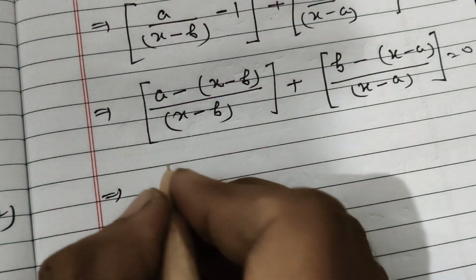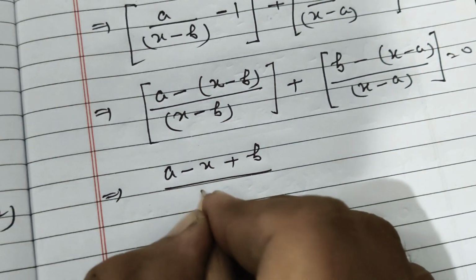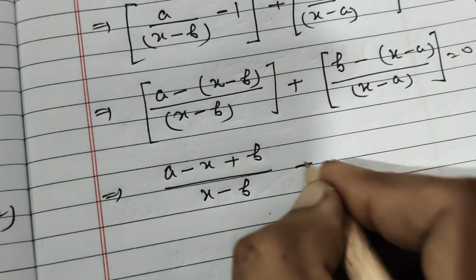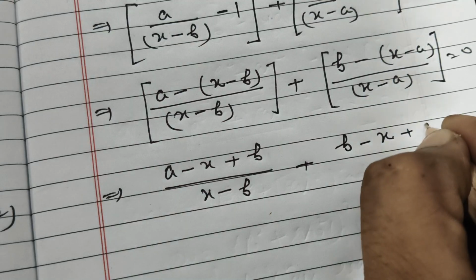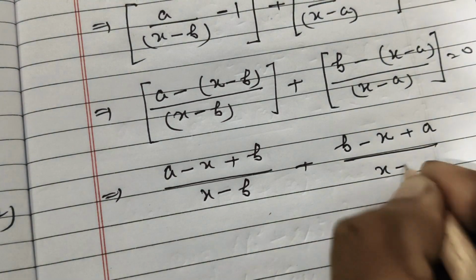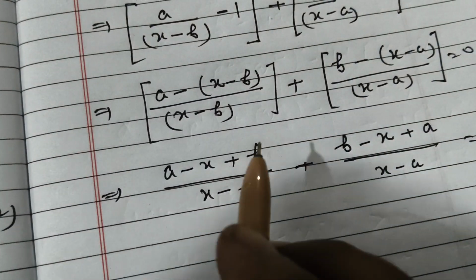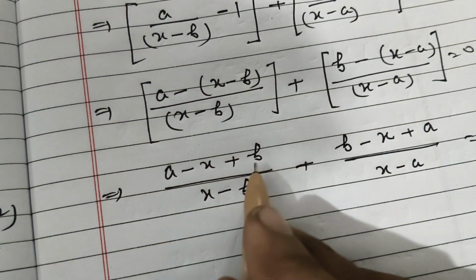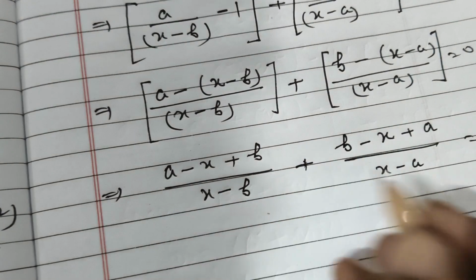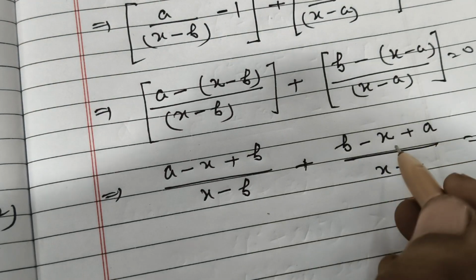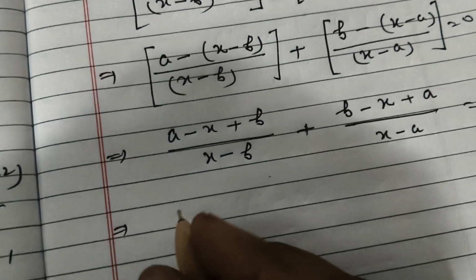That implies a minus x plus b upon x minus b plus b minus x plus a divided by x minus a is equal to 0. If we see here, the sign of a is positive, the sign of b is positive, it becomes a plus b minus x. Again in the second term, a is positive, b is positive, x is negative, so a plus b minus x. So we can take the common a plus b minus x.